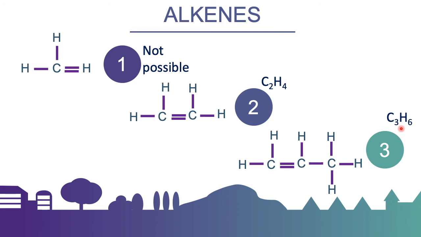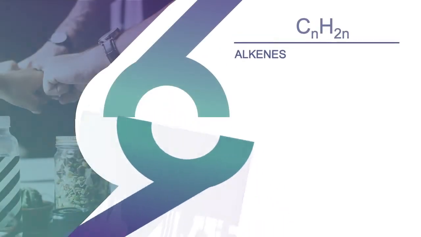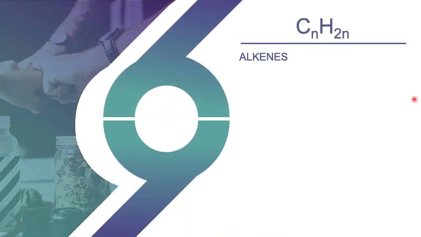Now to talk about the general formula. If you look here, the number of hydrogens is exactly double that of the number of carbons. So 2 into 2 is 4, 3 into 2 is 6, and that is the general formula. For alkenes, the general formula thus becomes CnH2n.